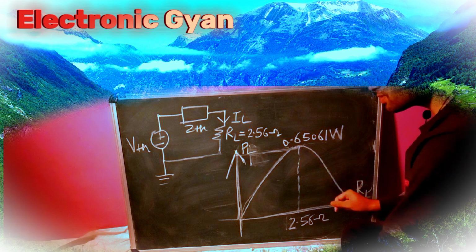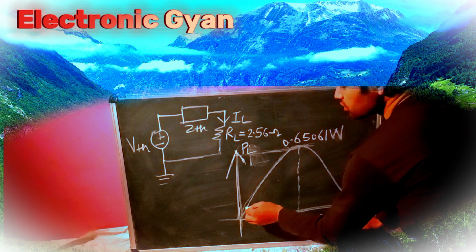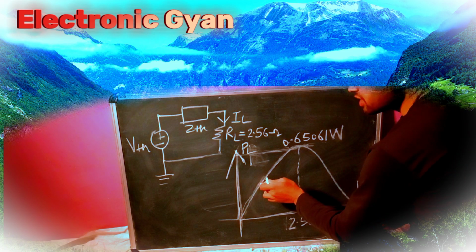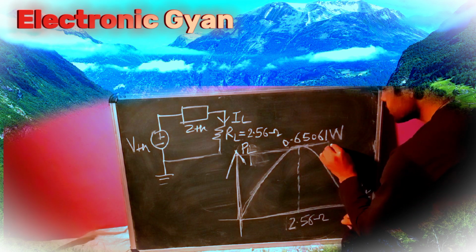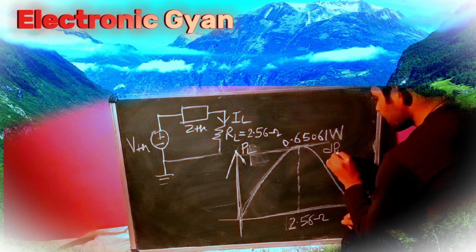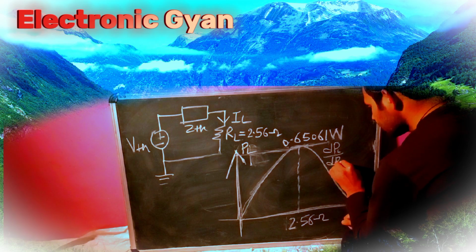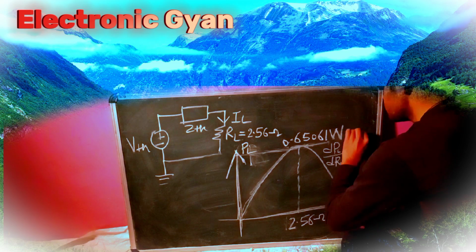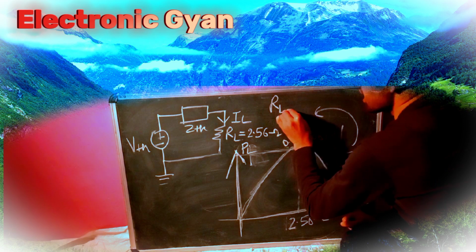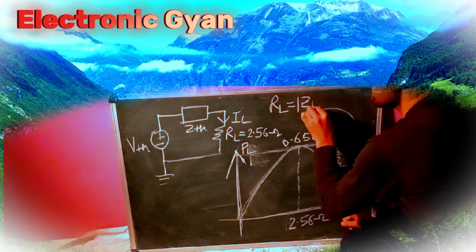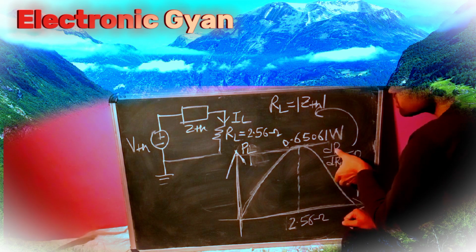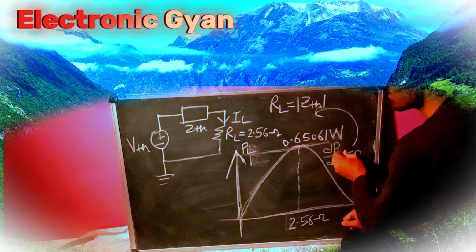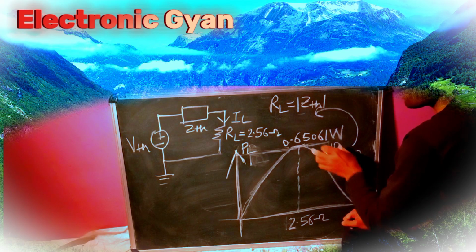Elsewhere on the curve there is a slope, so dP by dRL is not equal to 0, but at the peak dPL by dRL is equal to 0, which gives RL equal to modulus of ZTH. Under this condition the slope becomes 0, so we get the maximum power.